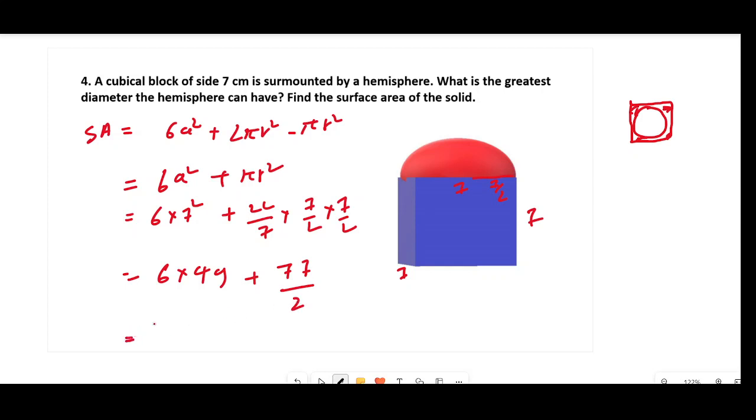Now solve this, 294, and this will be half, which is 38.5. Now again we can add it, 332.5 centimeter square. Clear? Now move on to the next question.